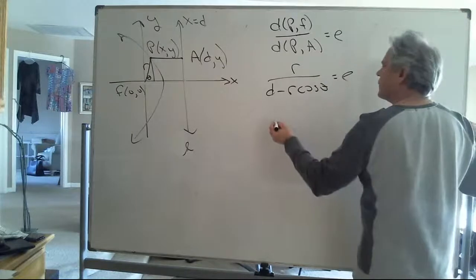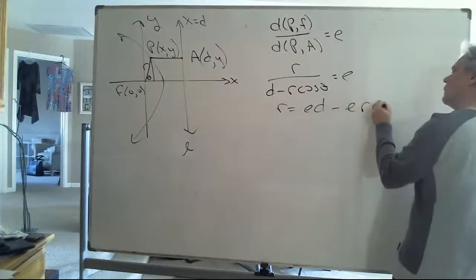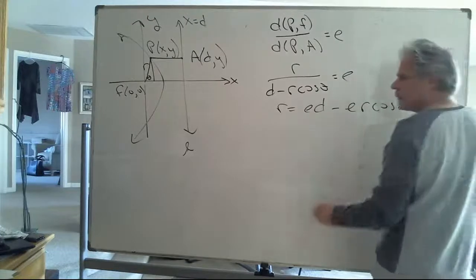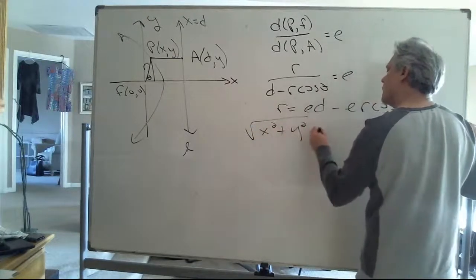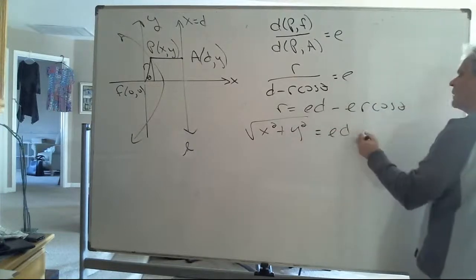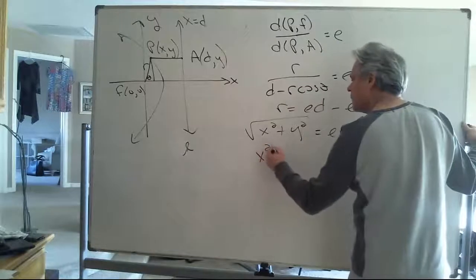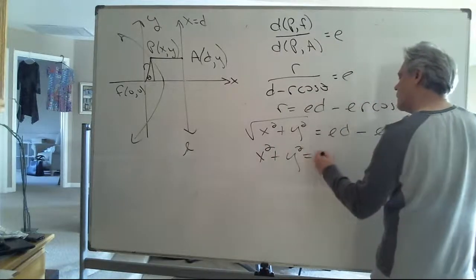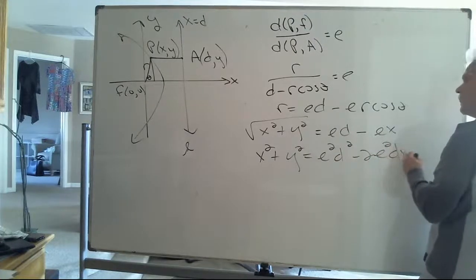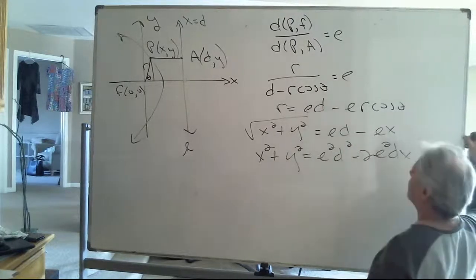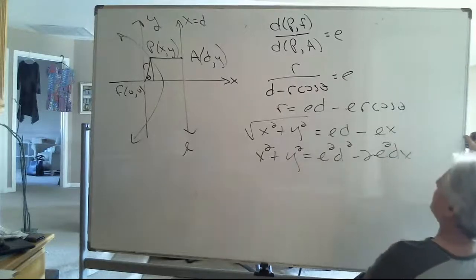Let me get rid of fractions. Let me write in terms of x and y. That's just x. Let me square both sides to clean it up. Let me bring all the terms involved in the variable to one side. Did I square properly?